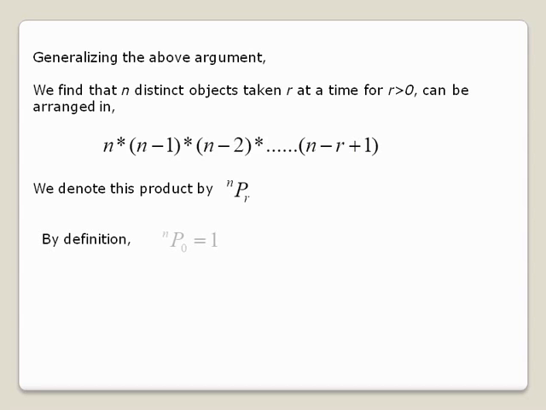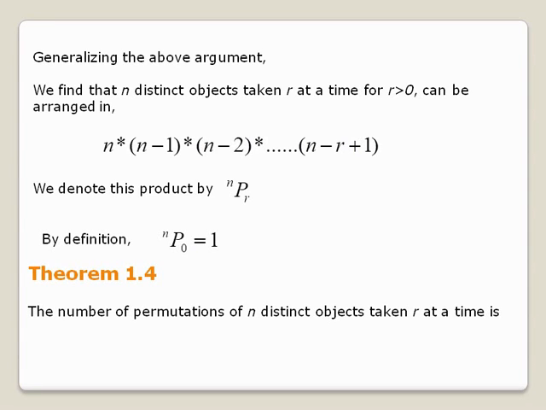By definition, nP0 is 1. Here's the theorem. The number of permutations of n distinct objects taken r at a time is nPr, where we can calculate it using n factorial divided by n minus r factorial.